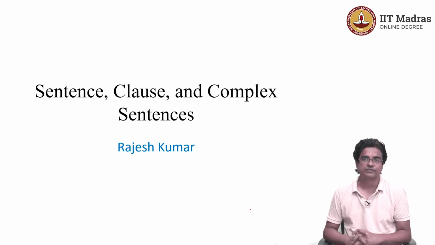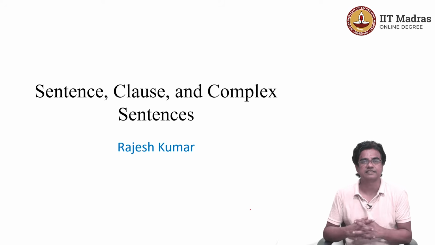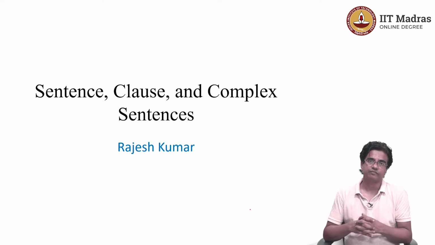As we know, a sentence can also be a clause, and in such a situation we call it an independent clause. Thus, an independent sentence, a sentence with an independent status, is called a clause too. It's called an independent clause. A sentence can have a subordinate clause as well.